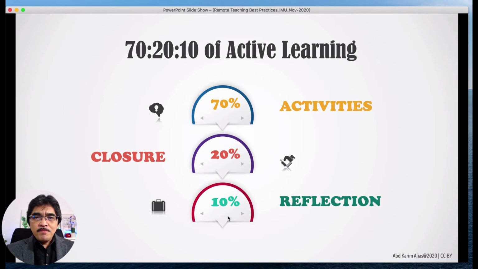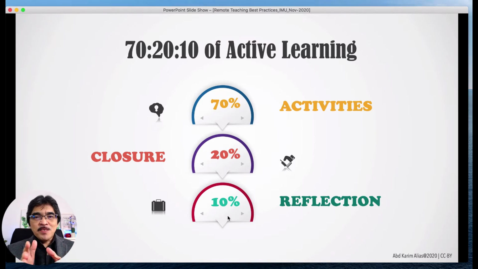So first of all, in order to design the learning activities, we need to allocate time for that. So I have this model, 70-20-10 of active learning. This is my own way of dividing the 1 hour or 2 hour class into 3 segments.